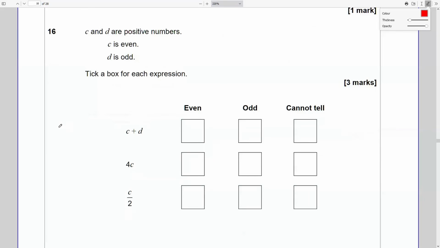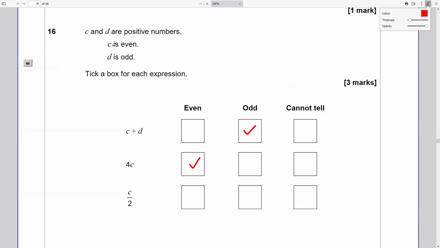Okay, let's have a look at this. Question 16. C and D are positive numbers. C is even, D is odd. Tick a box for each expression. C plus D must be odd. 4 times C. Well, an even number times another even number must be an even number.